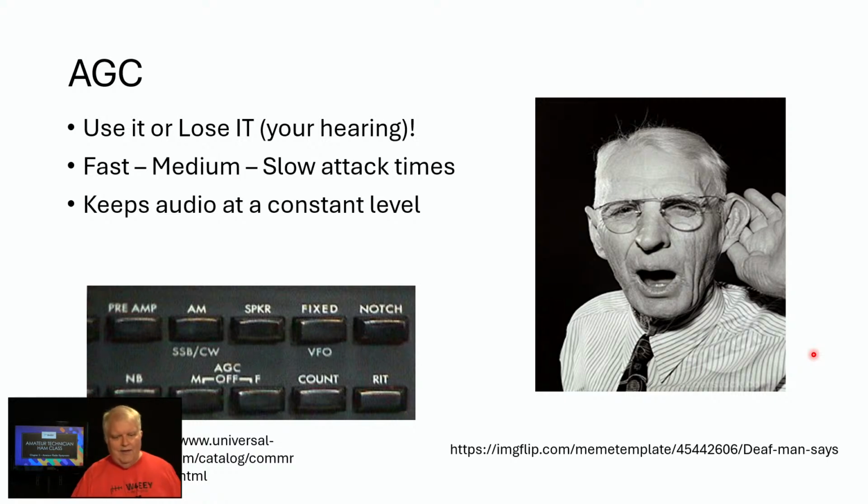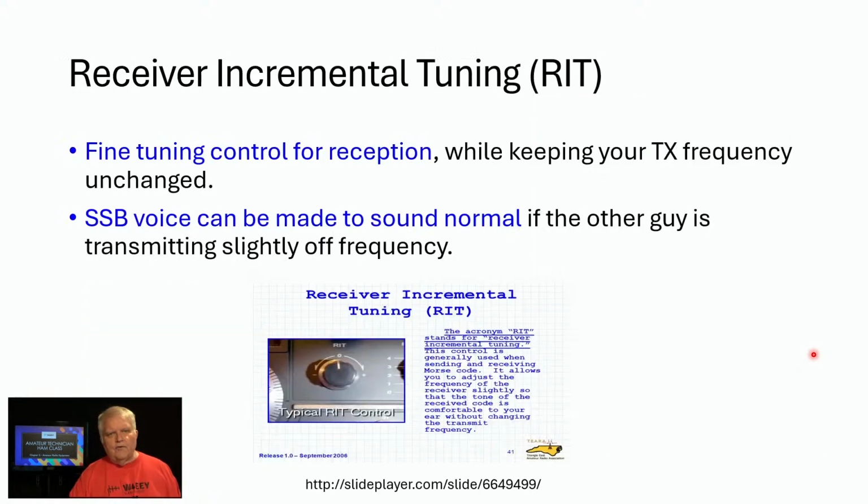So use AGC. Another control on the radios is something called receiver incremental tuning, or RIT. It's a fine tuning. So you've got that big knob where you coarsely tune in, and then the receiver incremental tuning would just adjust the receiver slightly up or down. If your buddy is on a radio that's slightly off frequency and you're on a net that meets on a certain frequency, well, you want to make sure that you're transmitting on that frequency.